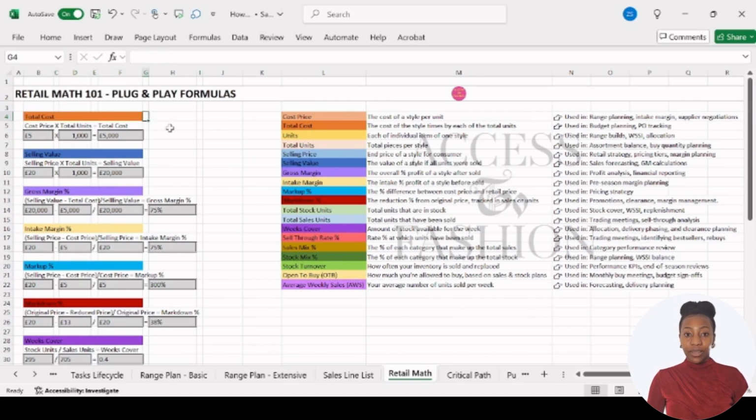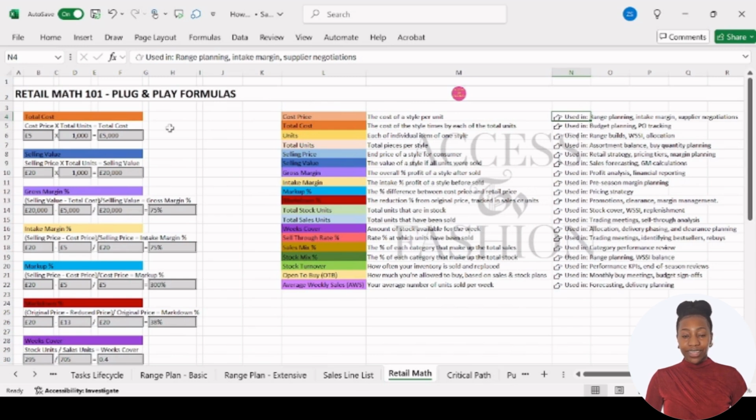So for example, here we have your cost price being the cost of a style per unit. And then your total cost is the cost of the style times by each of the total units. So if we keep going on, we've got explained what it's used in, and so this is used in range planning.